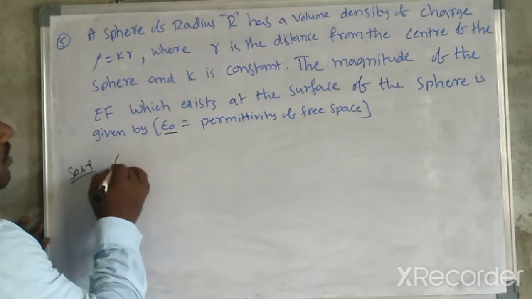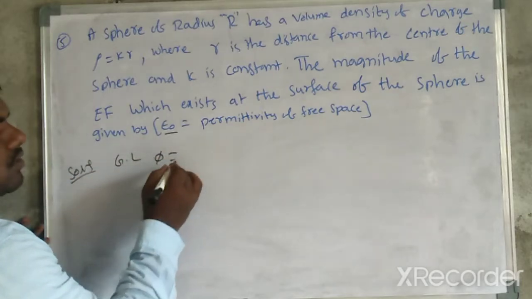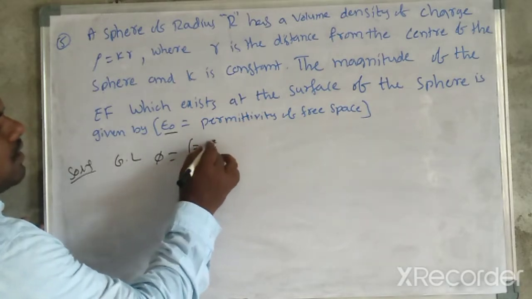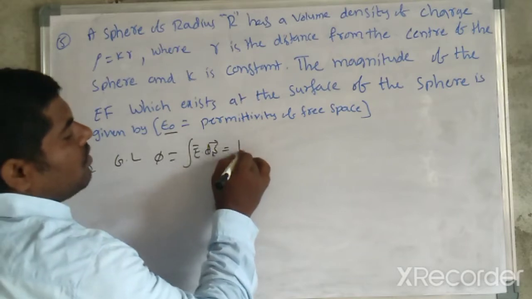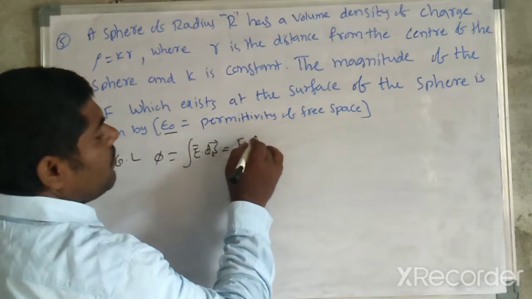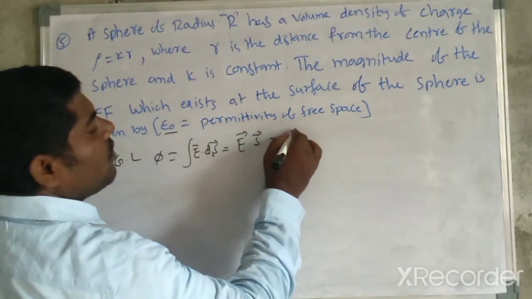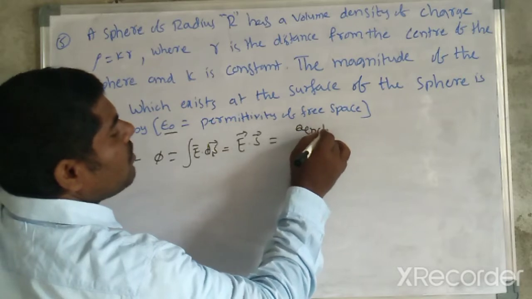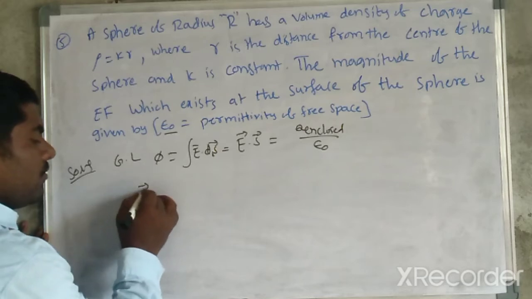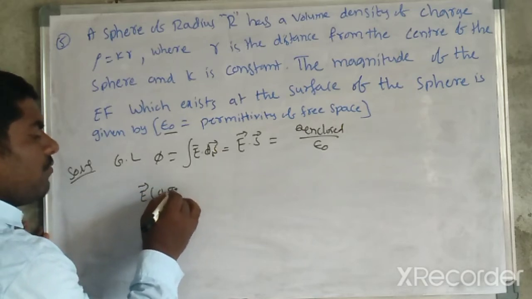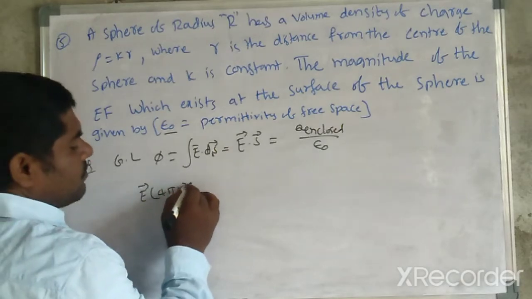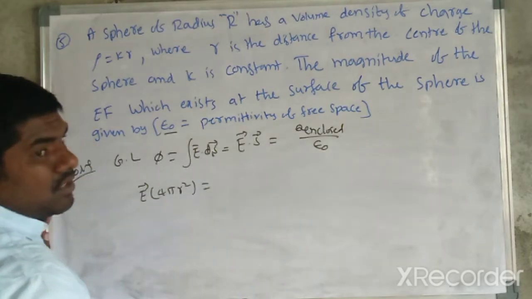So here according to Gauss law, flux is equal to the integral of E bar dot dS bar, which is equal to uniform electric field into area, E bar dot S bar is equal to q enclosed divided by epsilon naught. So electric field into area is 4 pi r square, that should be equal to q enclosed.